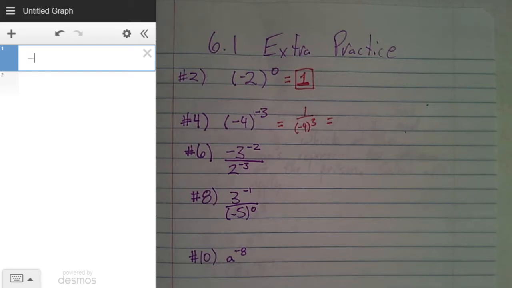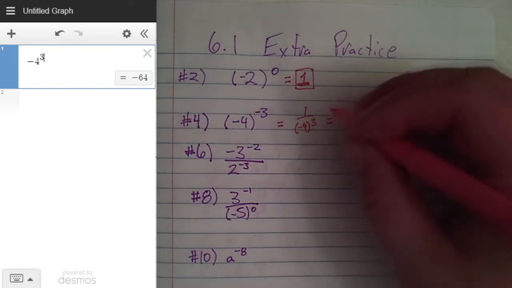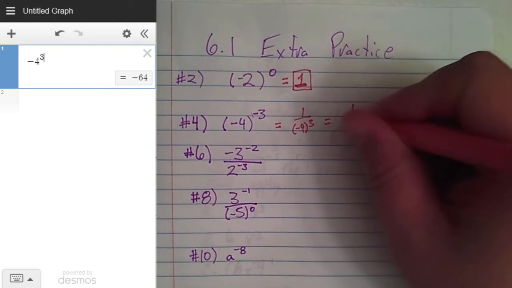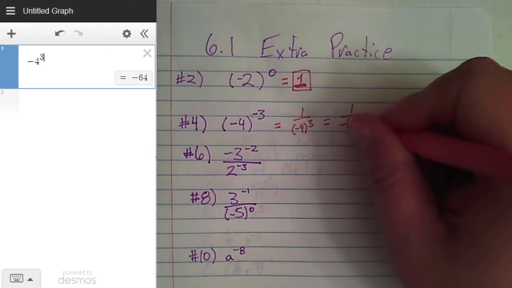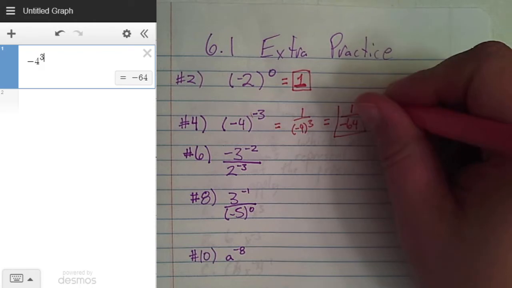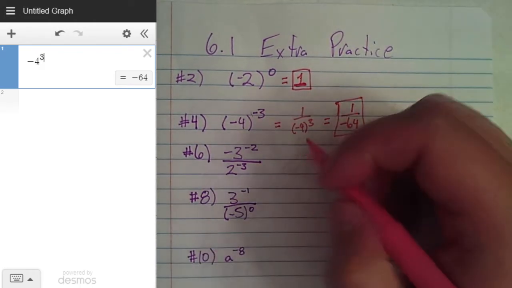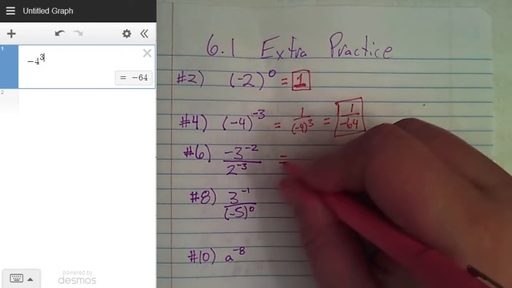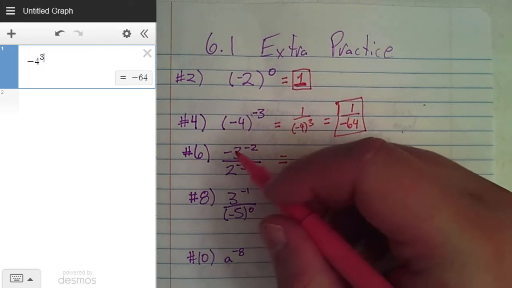Remember, shift 6 on the keyboard is raising something to a power. So -4 to the 3rd power is -64. So we get 1 over -64.